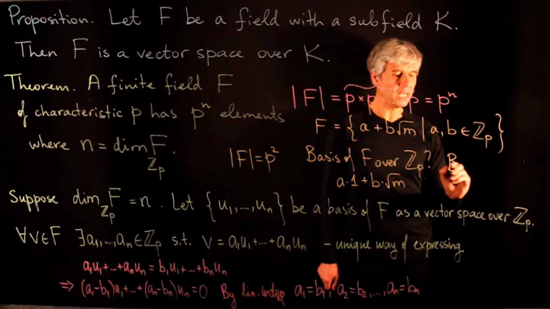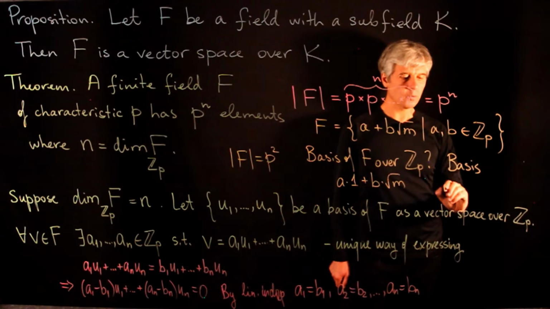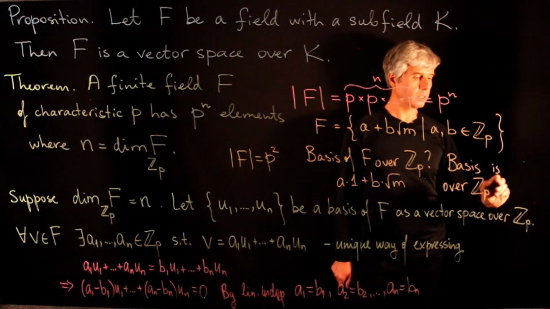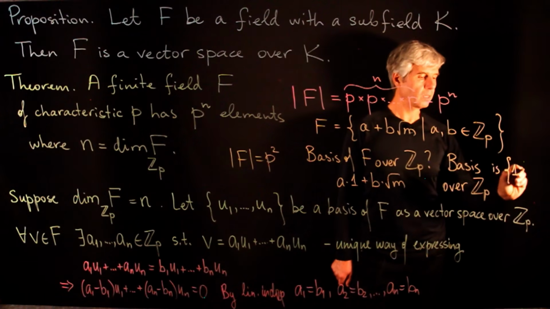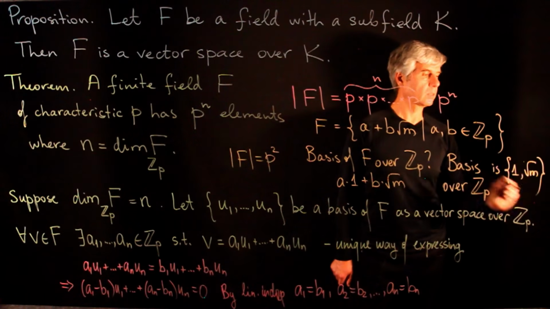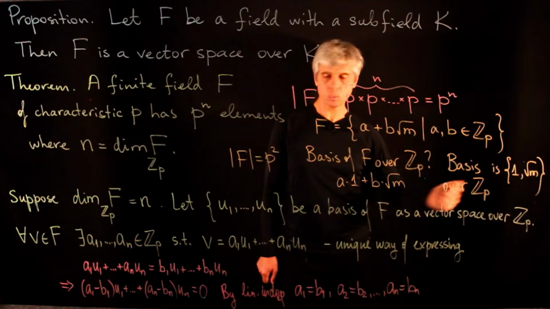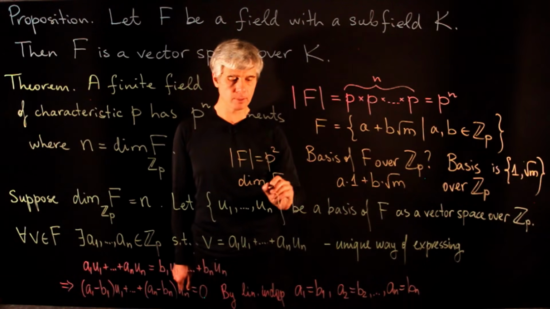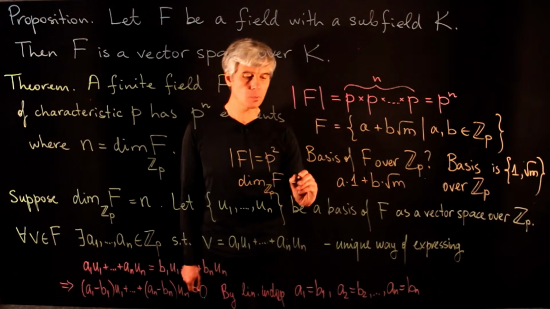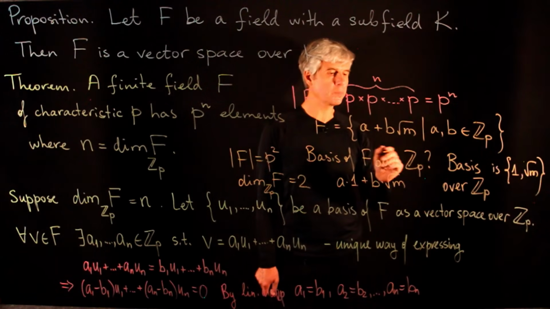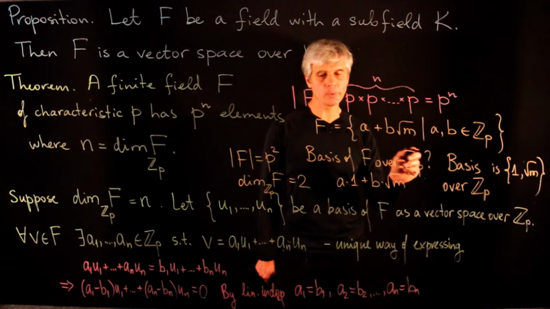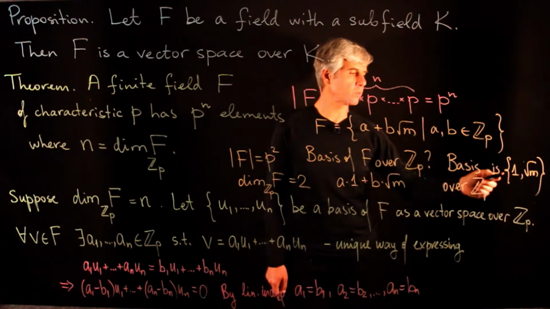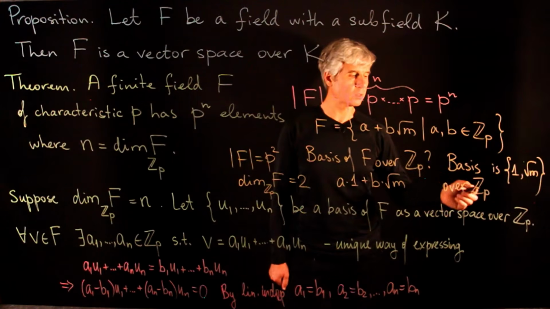So the basis over Zp for this field is two elements, 1 and square root of m. And because the basis has two elements, the dimension of F over Zp is equal to 2. So this is a 2-dimensional vector space over Zp, and so it has p squared elements. And here we see the basis of this field over Zp.